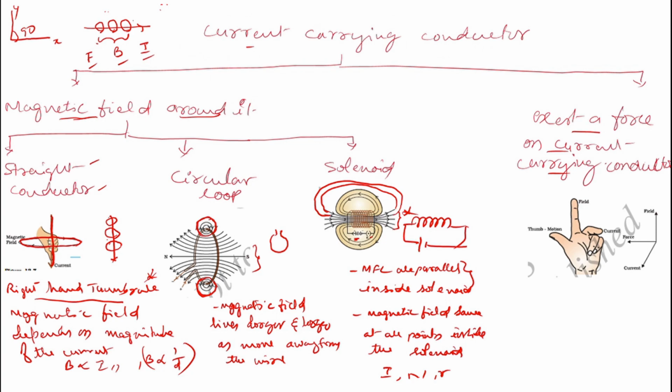So next one is the force exerted on a current carrying conductor. See, just you see, this is the conductor, it is carrying a current. So one field you can observe, that is perpendicular, and one more, the force. Three parameters you can see: one is current, second is magnetic field, and third is force.